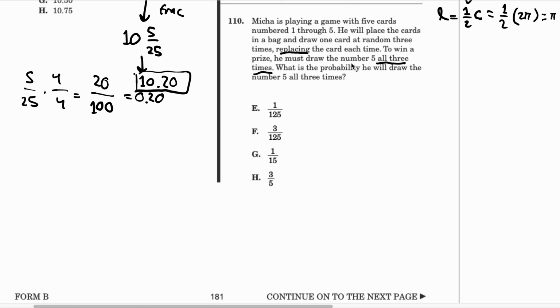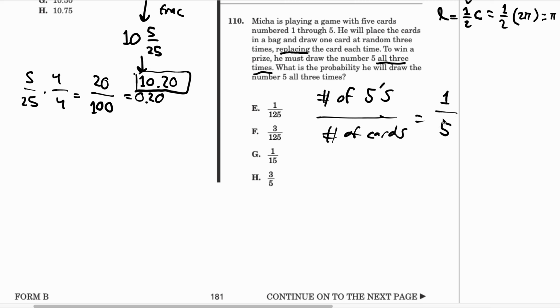So first we're going to look at the probability that he draws the number 5 once. So that probability is the number of 5s in the deck over the number of cards. Right, so there's only 1 5 in the deck and 5 possible cards.